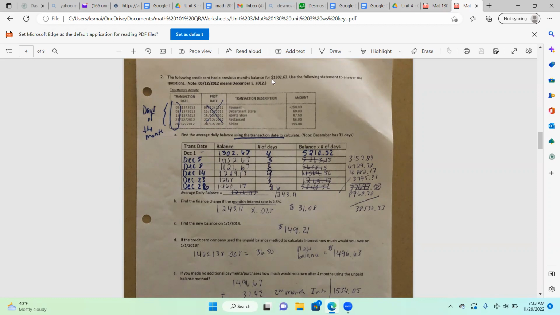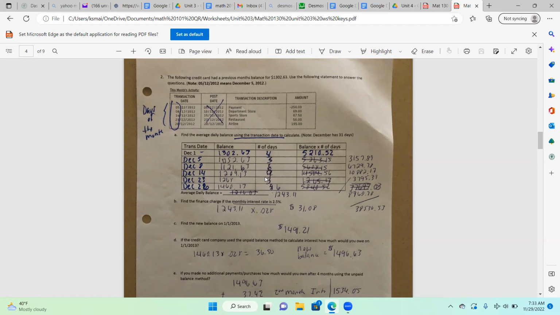We started with 1302.63, and we were at that balance for 4 days until we made a payment of $250. Then we were at that balance for 3 days, and we made a purchase of $69. We were at that balance for 6 days. We made another purchase of $87.50.